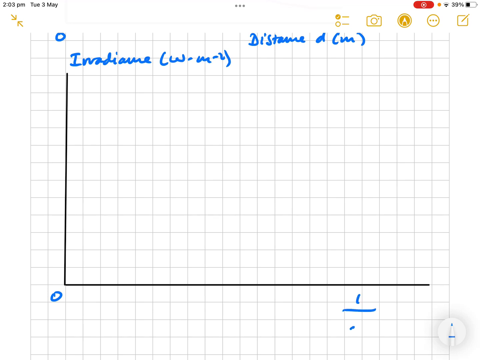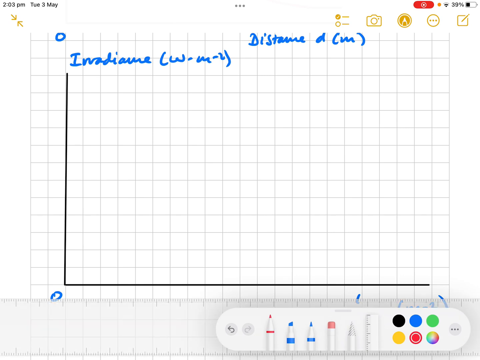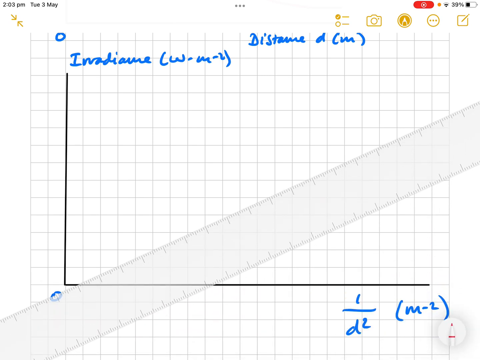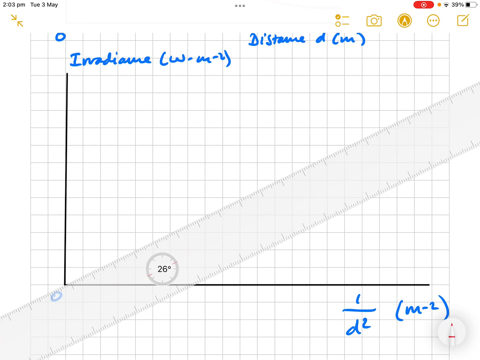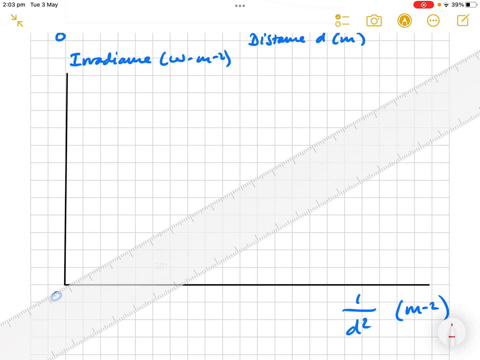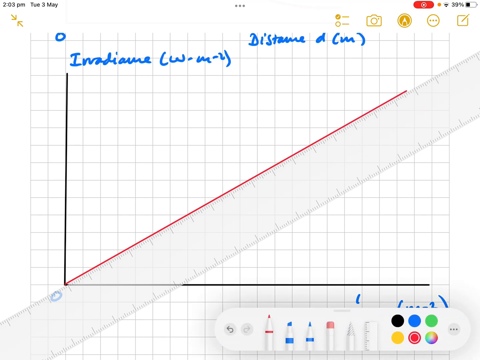But this time we plot 1 over d squared, and that of course would be in meters to the minus 2. When we do that, we get a linear relationship, a straight line, doing something like that.